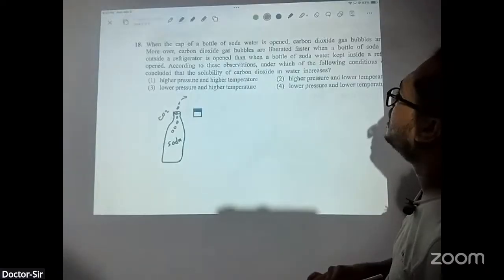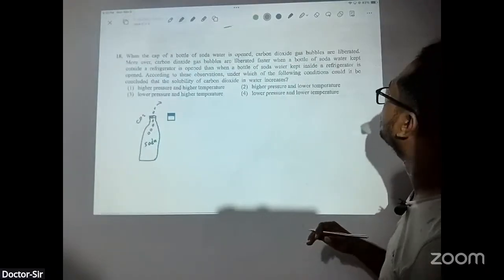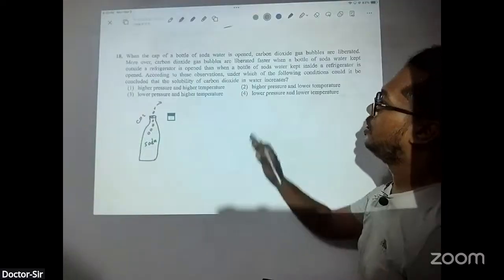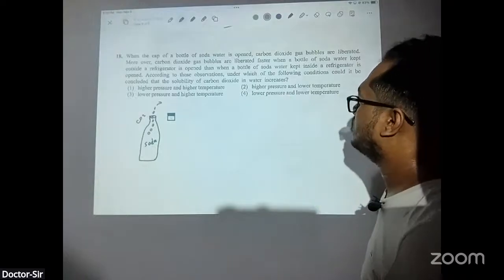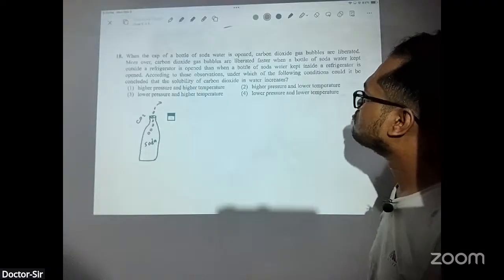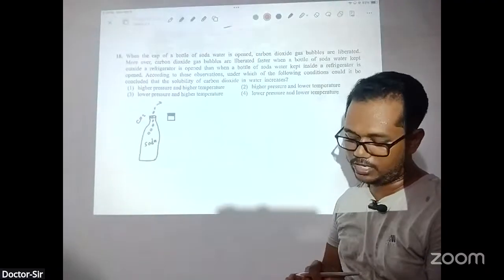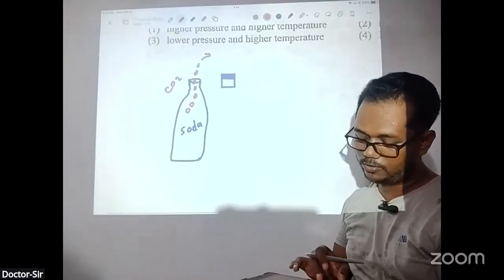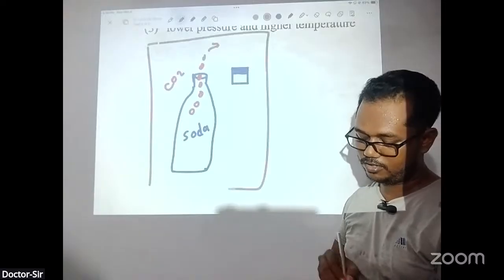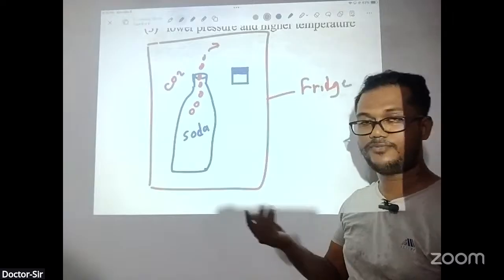Then what about this other one? Moreover, carbon dioxide bubbles are liberated faster when the bottle of soda kept outside the refrigerator is opened than when the bottle of soda kept inside the refrigerator is opened. Right. Now, when we have an instance, you take this soda bottle from the fridge, refrigerator.